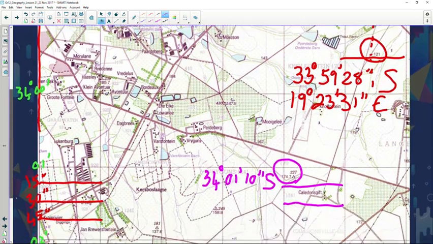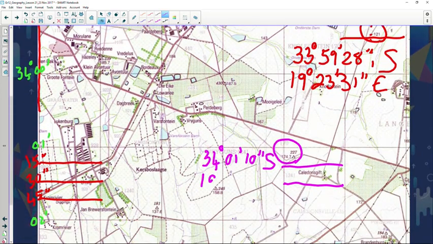So we've got the minutes, it's 19 degrees, 22 minutes. If we take our grid and we divide it up in half, there again 15, so I'm going to say roughly 14 seconds east. And that's how you will be able to find your correct coordinates.